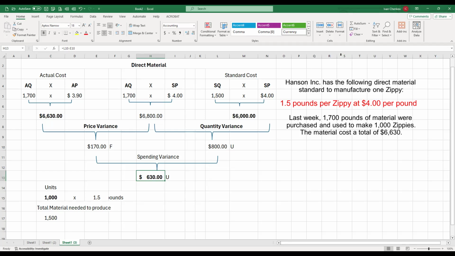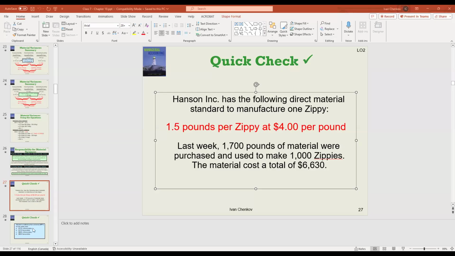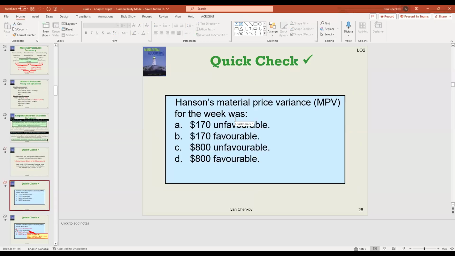All right, let's go now to the slides again. Here we go. Material price variance. How much will be our material price variance? B, $170 favorable.